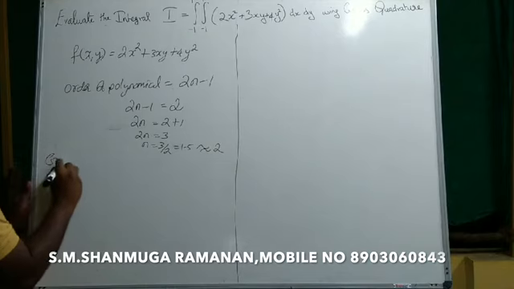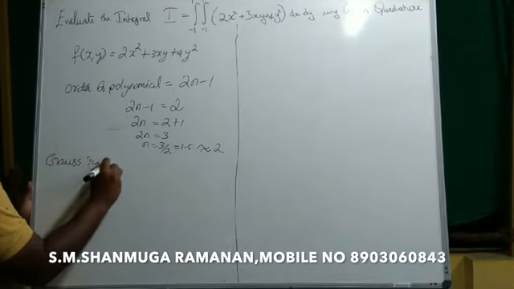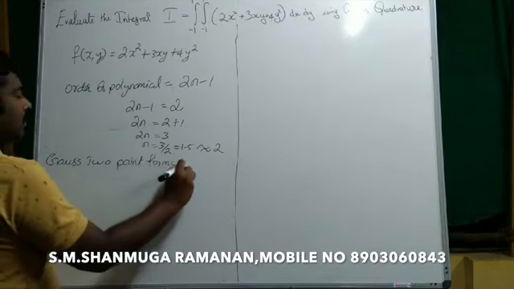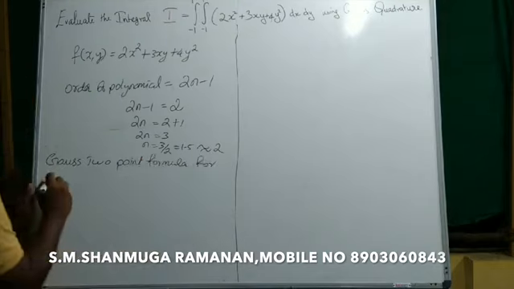So therefore n = 2, and here we use the Gauss 2-point formula for double integration.